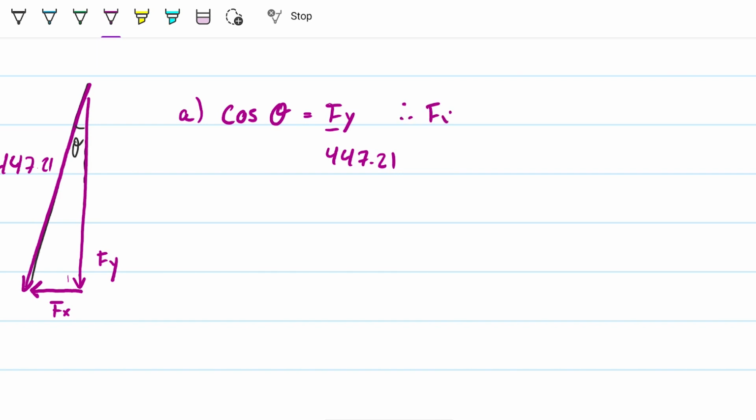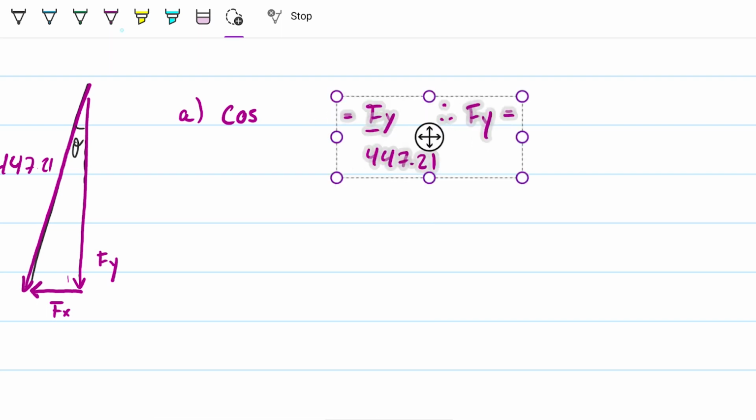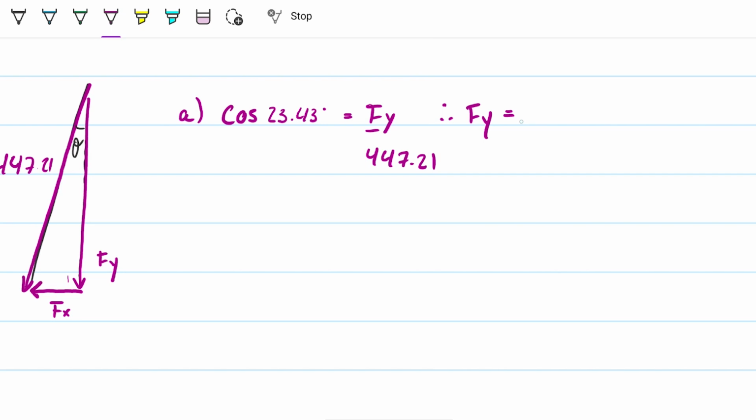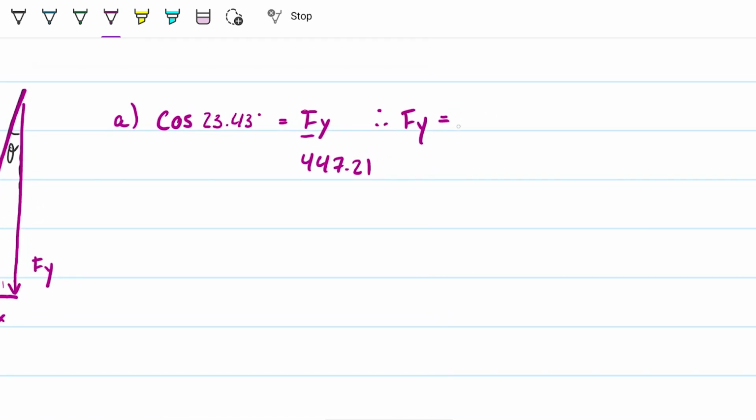My Fy equals the cosine of 23.43 times 447.21, and therefore my Fy is 410.